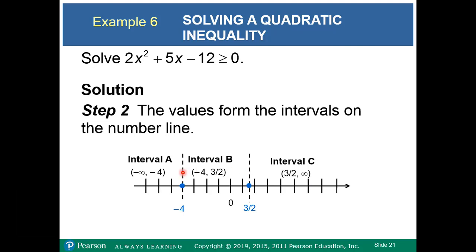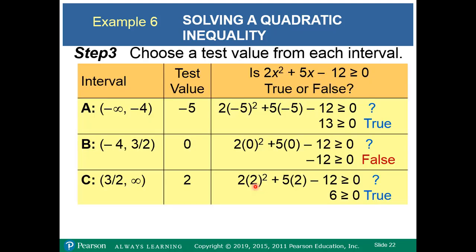Now we're going to use a test point in each interval. Here, -5 would be an obvious choice. Here, the obvious choice would be 0. And over here, the obvious choice would be 2. So we plug those values in. What are we looking for?